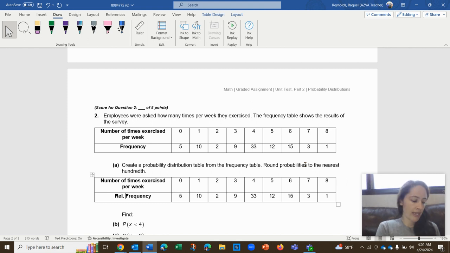Okay, I'm going to do it one more time just to make sure. 5 plus 10, because I'm using my phone calculator and it doesn't save my numbers. If you use Desmos, it will save all of your numbers and you can check to make sure. So I'm at 2 plus 9 plus 33 plus 12 plus 15 plus 3 plus 1, 90.